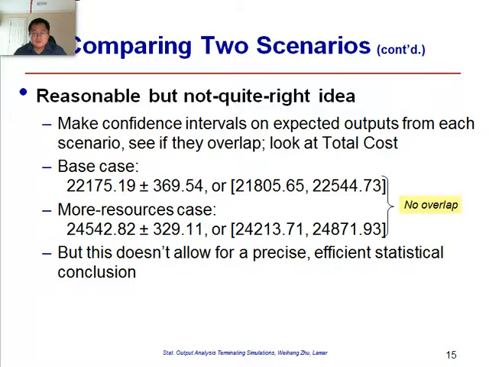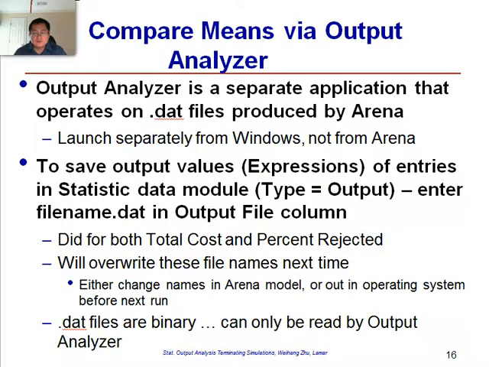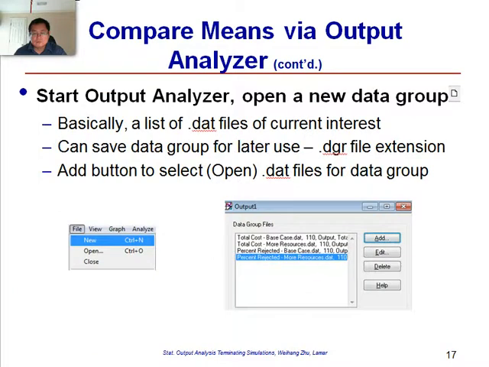We would like to double-check this conclusion with Arena Output Analyzer. As we explained, we need to save the statistics to our .dat files in order to analyze them in Output Analyzer. Start Output Analyzer. Click the New button to create a new data group.